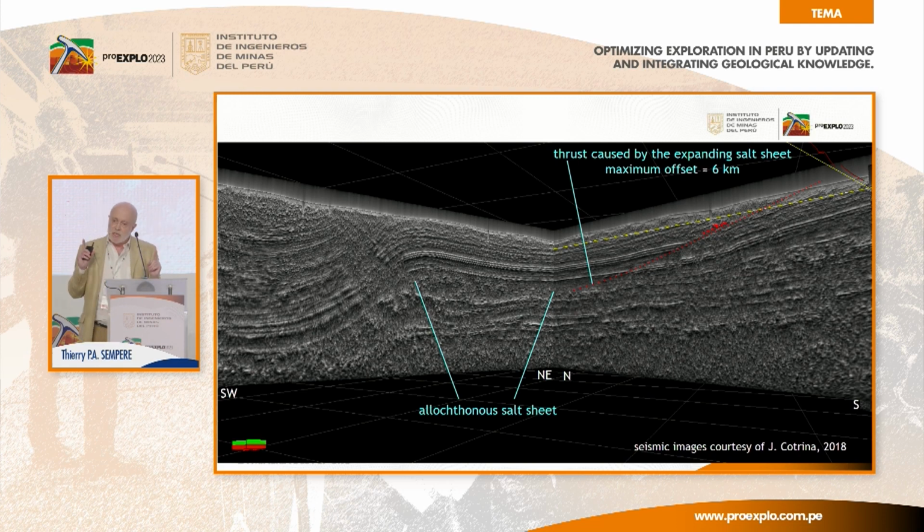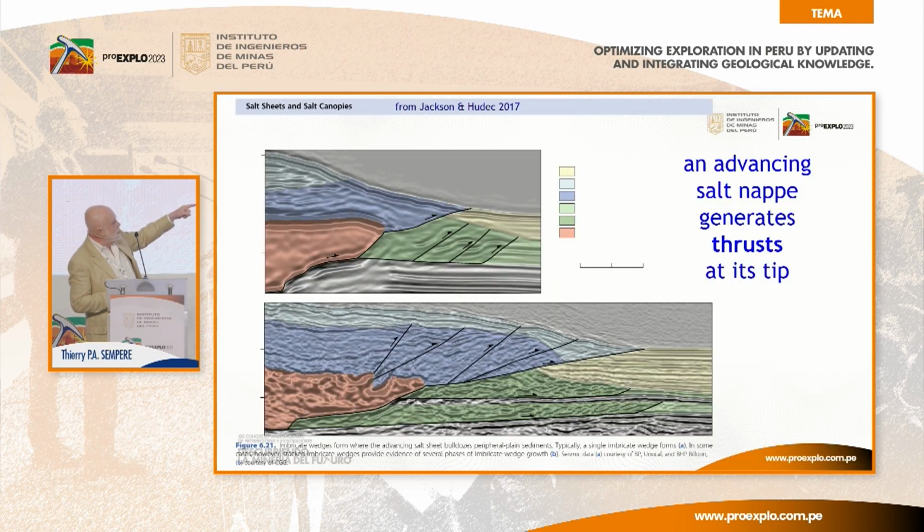This is another line where the displacement is only 6 kilometers. This inverse fault is connected to the salt and is produced because of the advance of the salt, as is known of allochthonous salt that develops inverse faults.